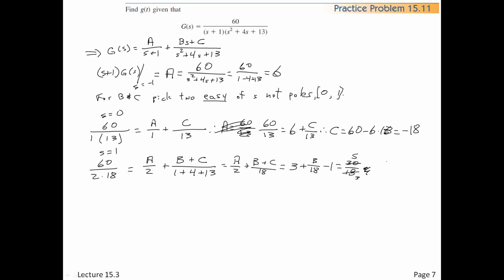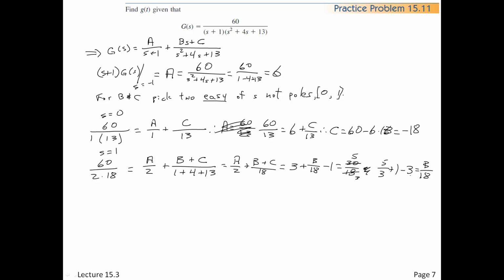What I'm going to have is 5/3 plus 1 minus 3 is equal to B over 18. So let's see, 1 minus 3, so that's minus 2.